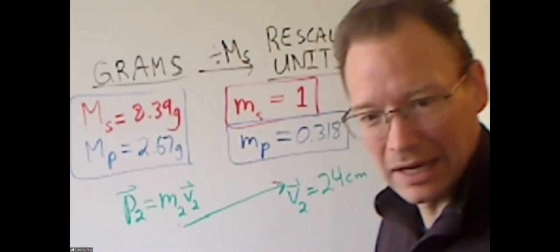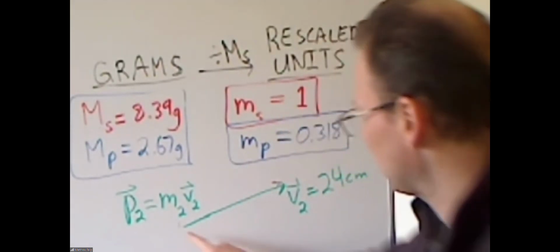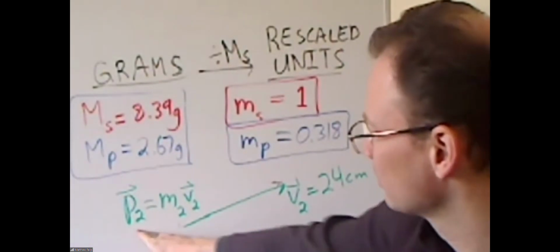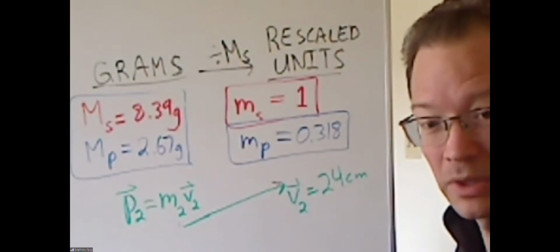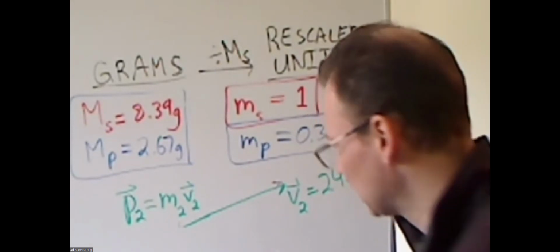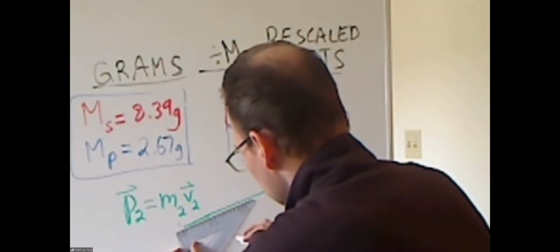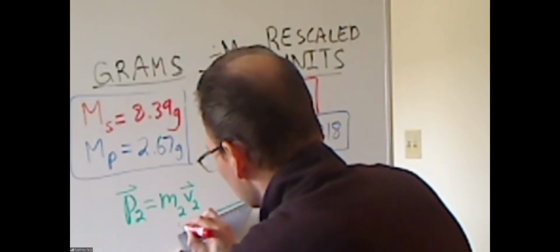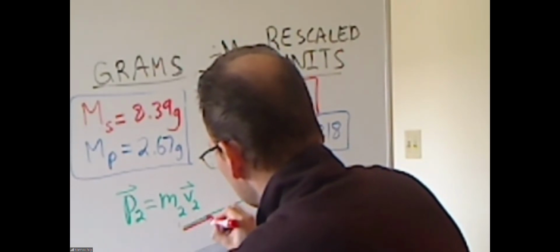So then I would get out my ruler and draw a vector parallel to this vector. Momentum and velocity are parallel, but they're not the same length because one has been scaled by mass. I would lay out 7.63 on there, and it would be about that long.